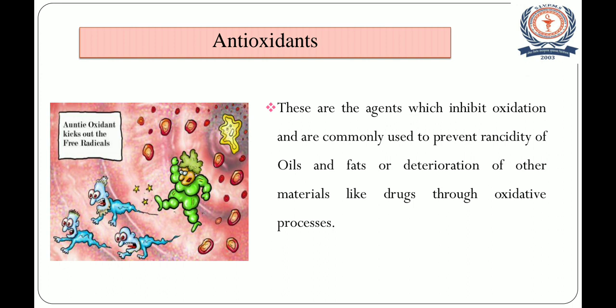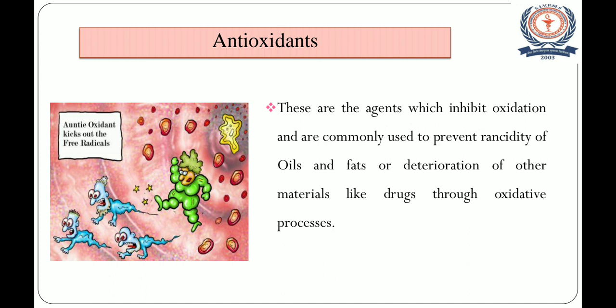Now you might be knowing that some of the oils and fatty substances, if they are preserved for a longer duration of time, undergo rancidity. Rancidity is nothing but the foul odor or bad smell of that particular product, and deterioration is nothing but decomposition. The efficiency of that particular substance is totally lost.